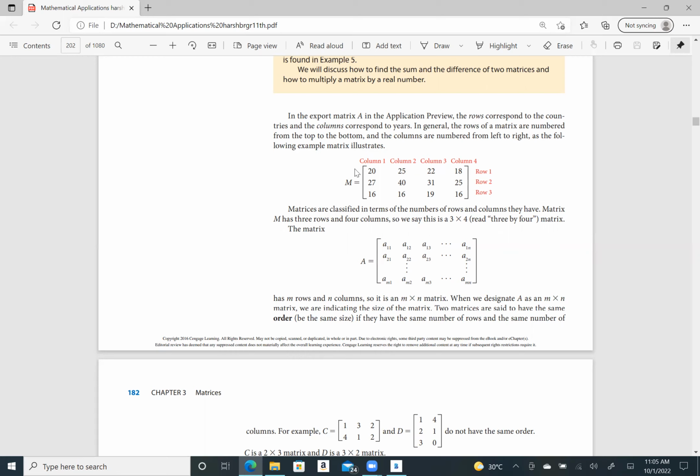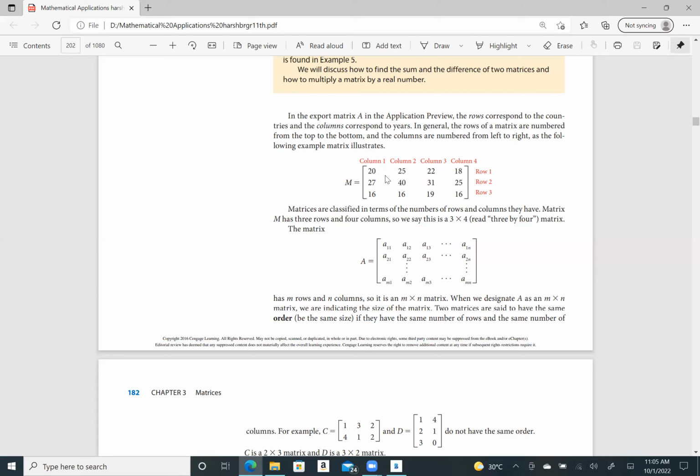So the description of an element is by the number of the row and the number of the column. If you look at this example, we have 3 rows, row number 1, row number 2, row number 3, and 4 columns, column 1, column 2, column 3, column 4.